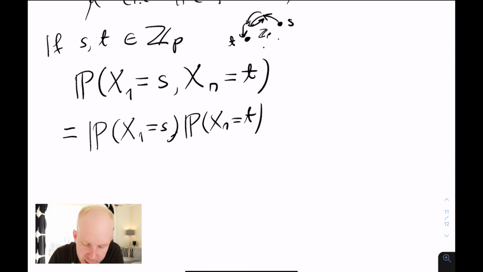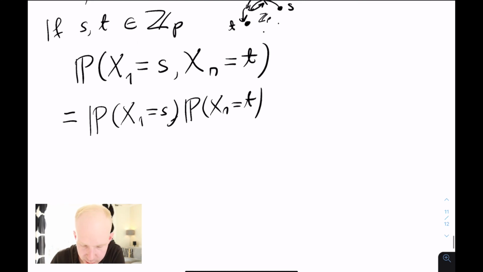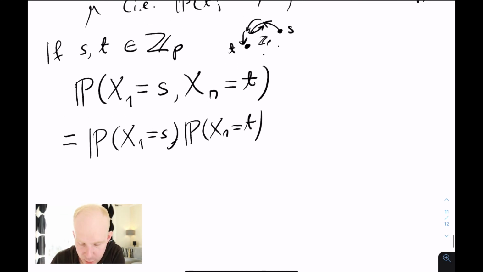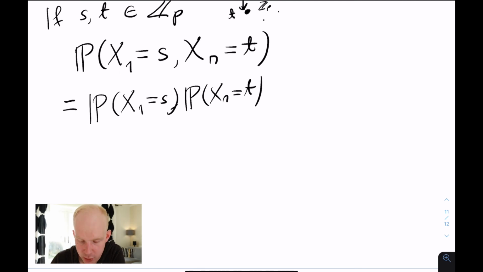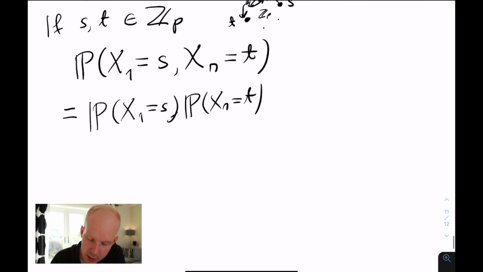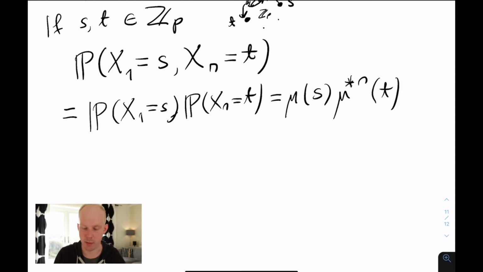Here you think about these as two independent processes. X_1 is a different process from X_n. You're choosing a different value at each point, so it's an IID process in this sense. The nth choice doesn't depend on the first one. Then you can compute this: this is mu(s), that's the definition, and then this is just the iterated convolution mu star n of t. That's the probability of this.